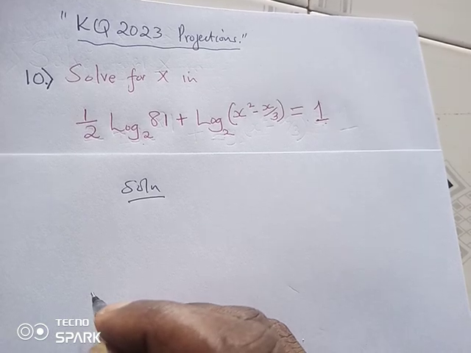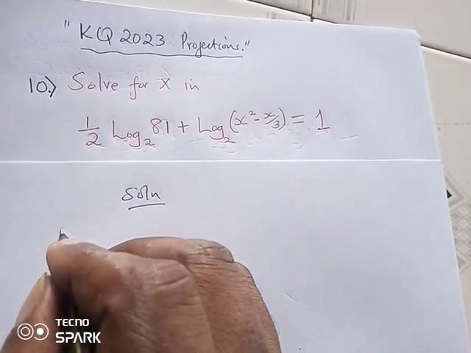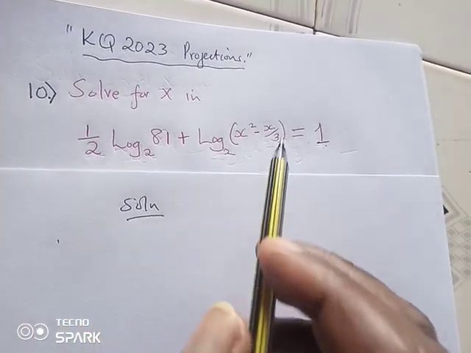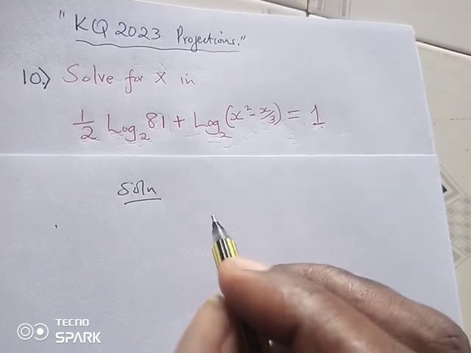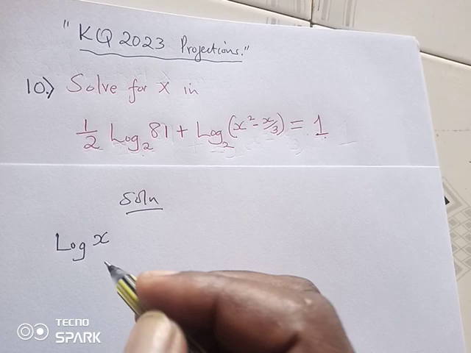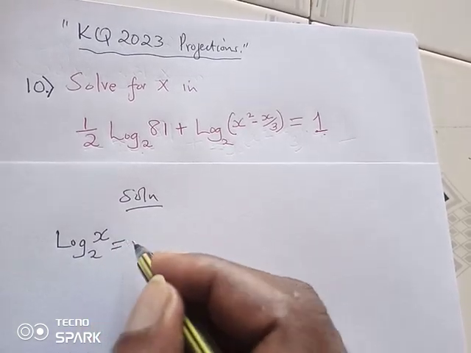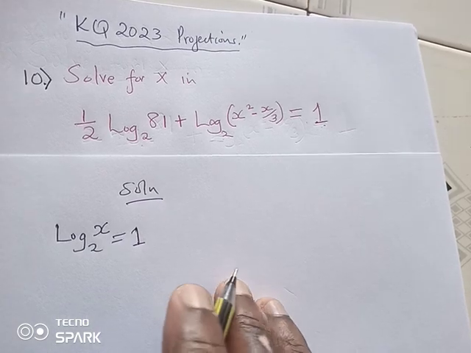So going straight to the solution, the first step will be to convert the integer 1 into logarithmic notation. So there's a number x we don't know, to base 2, that should give us 1.